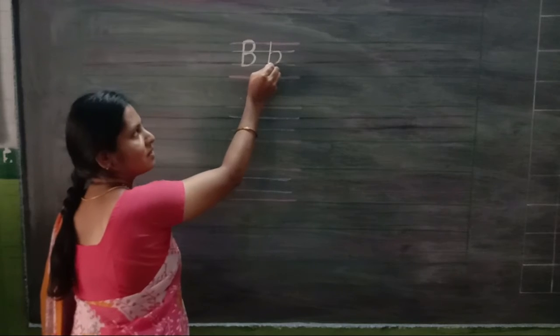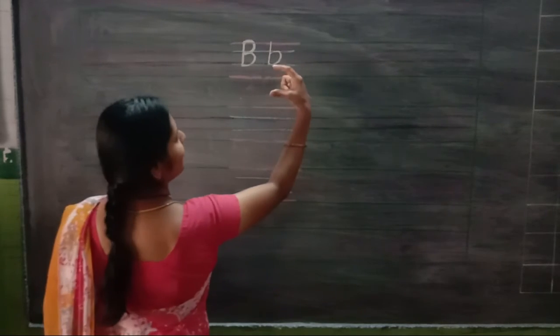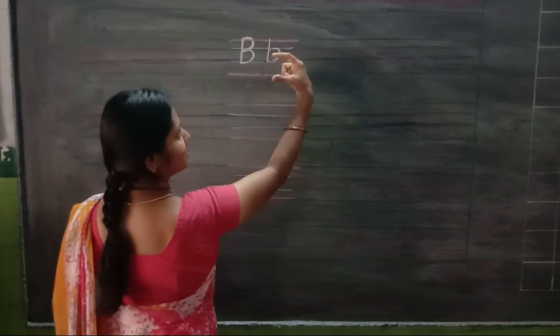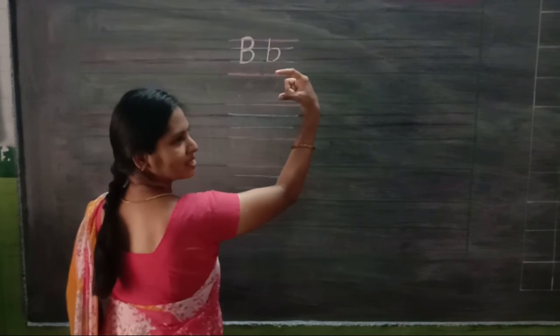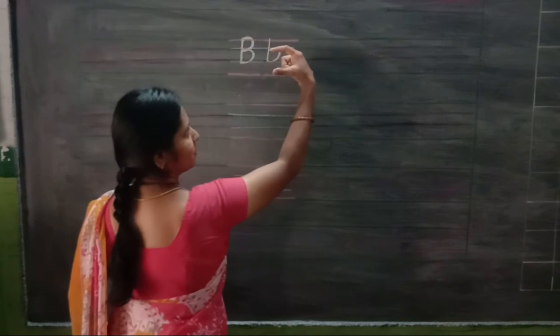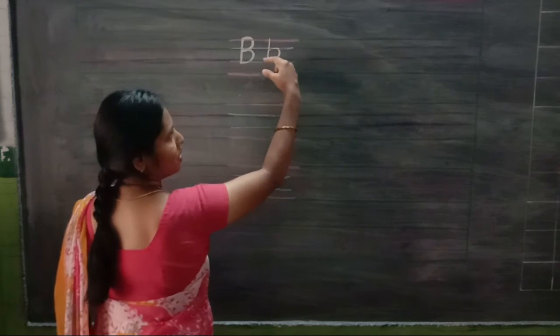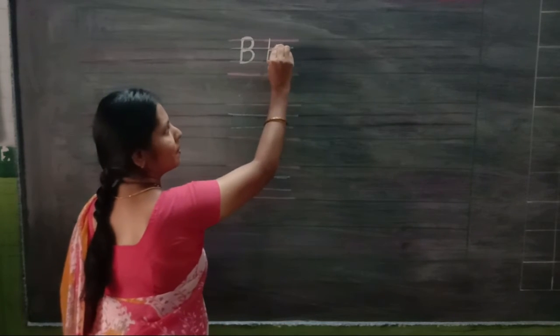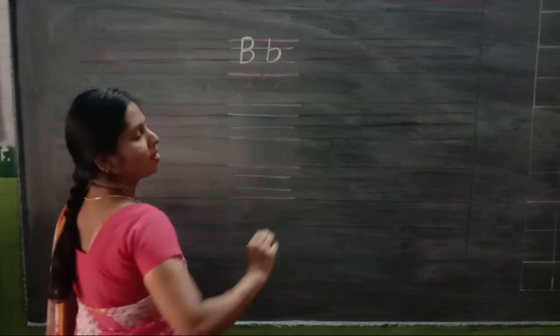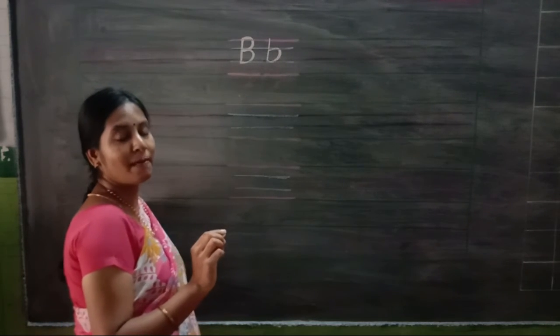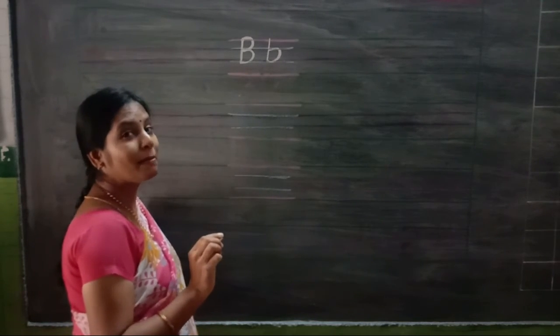Put a curve. That is your back open curve. This way. See, keep your fingers this way. Take it closer and draw a curve. Back open curve. This is your baby letter B. Small b.